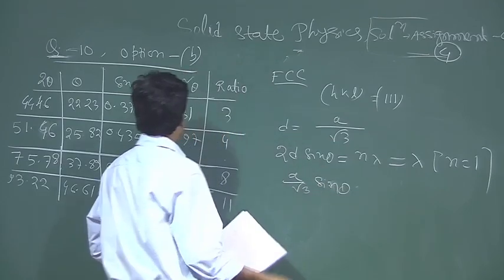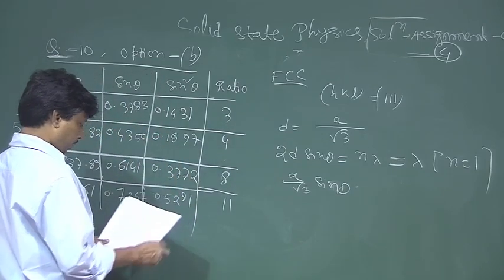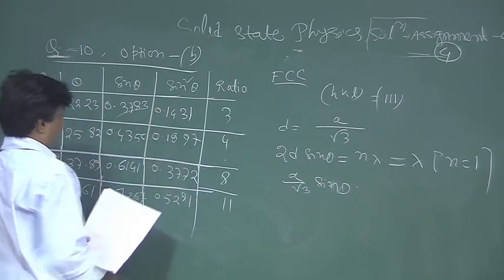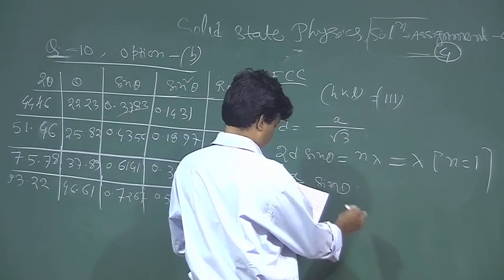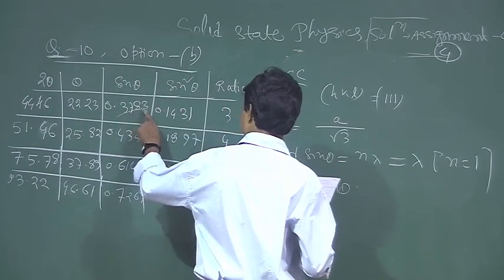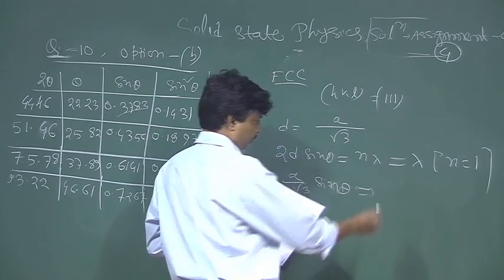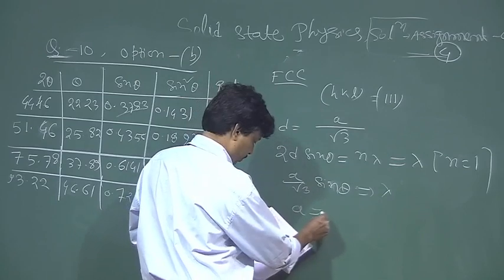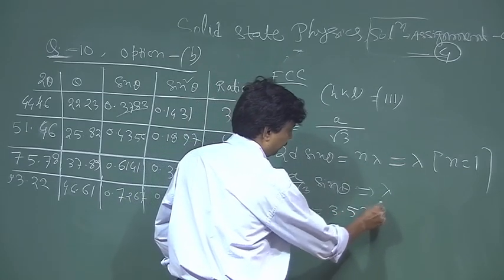What is the value of sin theta? The value of sin theta is here: 0.3783. After simplifying, you will get the value of A as 3.53 Angstrom.